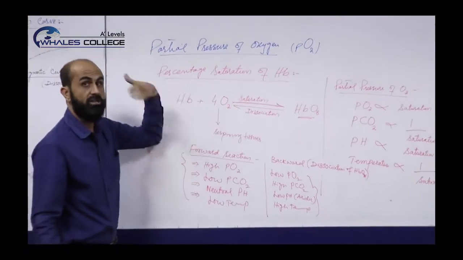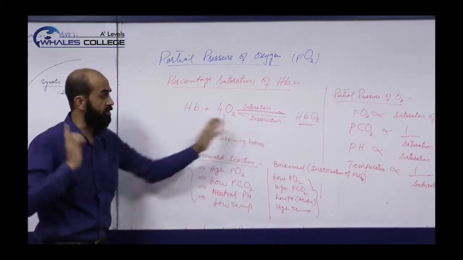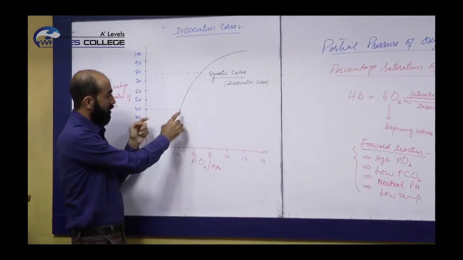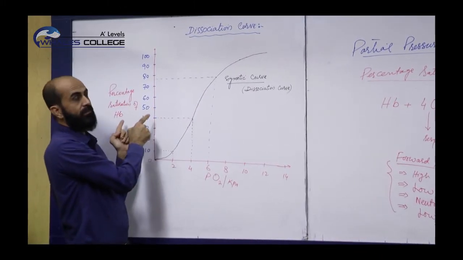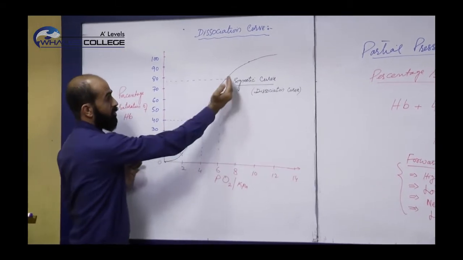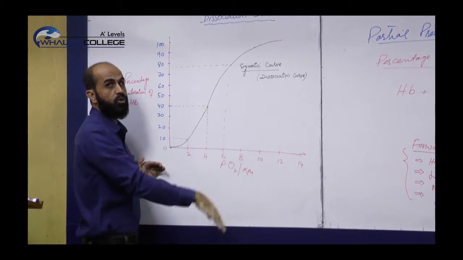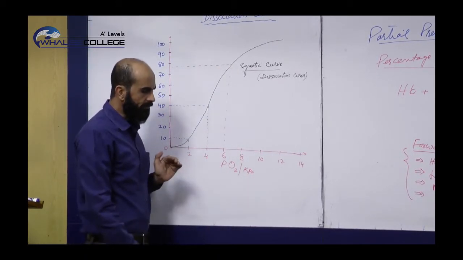So if saturation is higher, then dissociation should be lower. In this graph which I have constructed right now, the peak shows the saturation actually. So at this point saturation is higher, and dissociation should be lower.